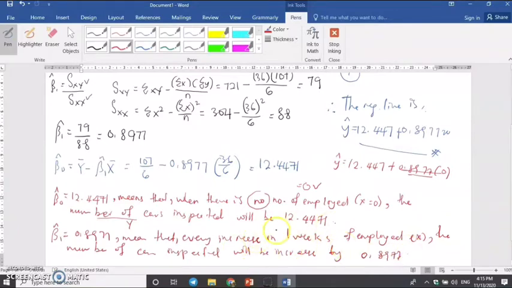Okay, so for the second explanation, as you can see right there, we have 0.8977.